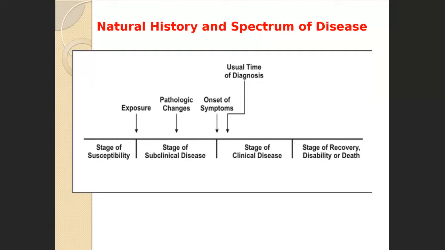This figure is very important. Here is the stage of susceptibility. Here is the exposure and stage of subclinical disease. What is the meaning of subclinical? What is the difference between subclinical and clinical disease?